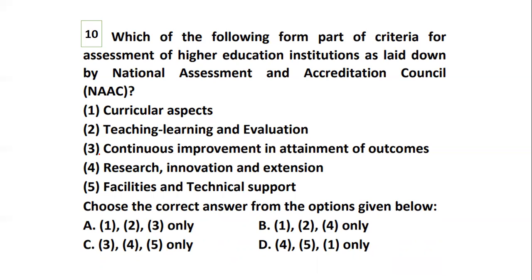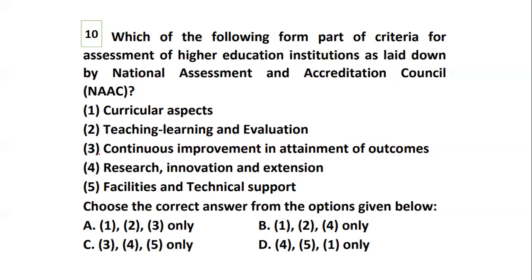The first option is the curricular aspects. The second option is teaching, learning, and evaluation. The third is continuous improvement in attainment of outcomes. Next is research, innovation, and extension. Then we have facilities and technical support. They have given you the list, and you are supposed to pick the codes which talk about the criteria of NAAC, the National Assessment and Accreditation Council.